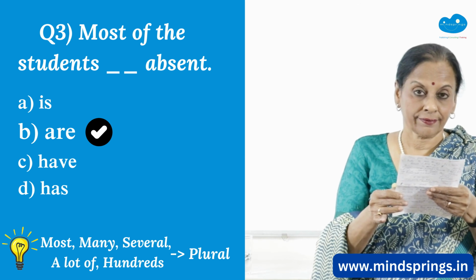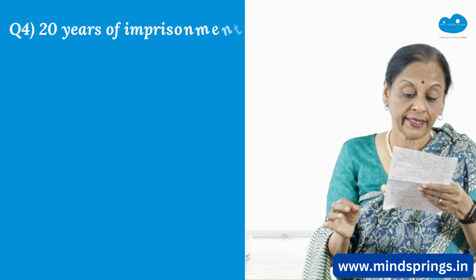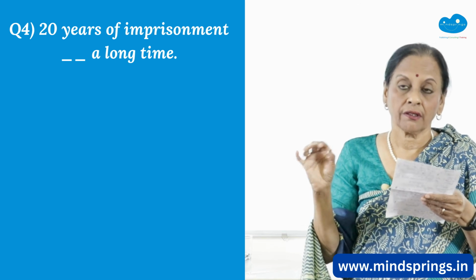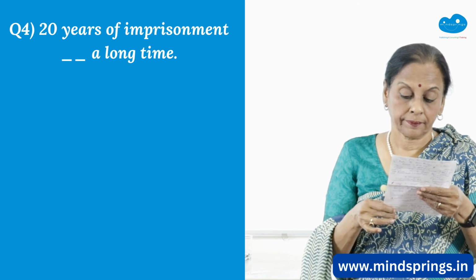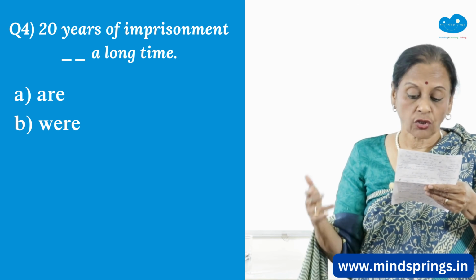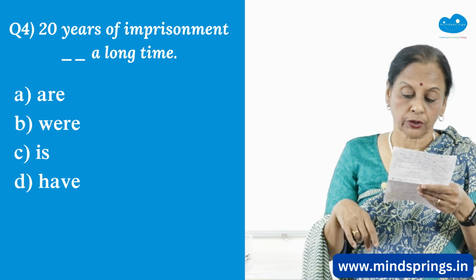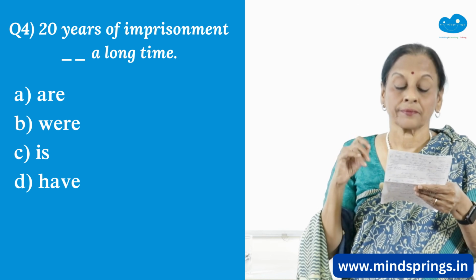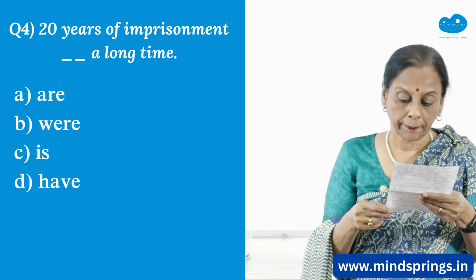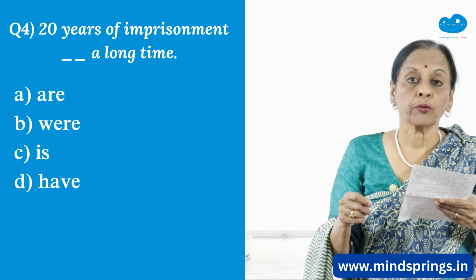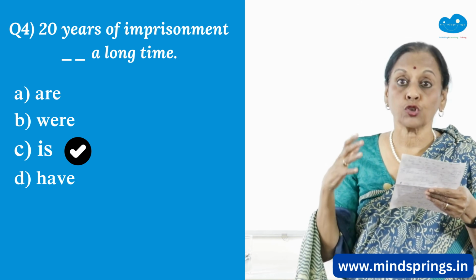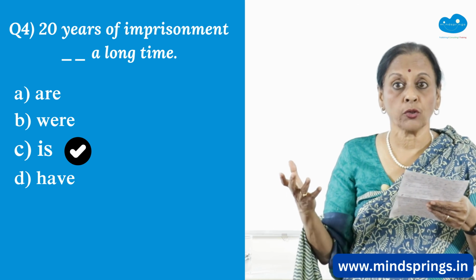The next we have is: 20 years of imprisonment dash a long time. You have to put are or were, is or have. Which one would you put? You will put is. Now you are saying, ma'am, it is 20 years, it has to be plural.